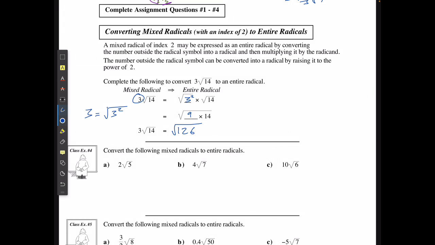So if I want to turn these mixed radicals into entire radicals, then 2 root 5 is the same as the square root of 2 times 2 times 5. 4 root 7 is the same as the square root of 4 times 4 times 7. And 10 root 6 is the same as the square root of 10 times 10 times 6.